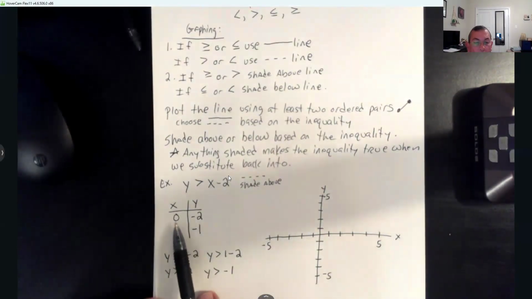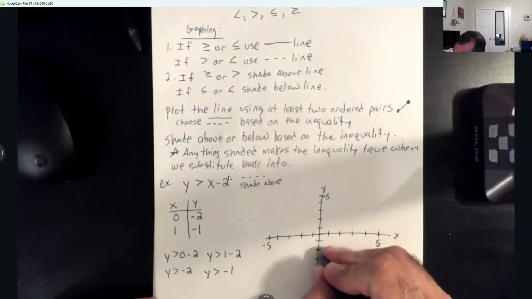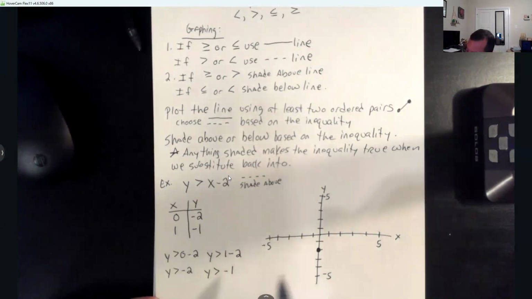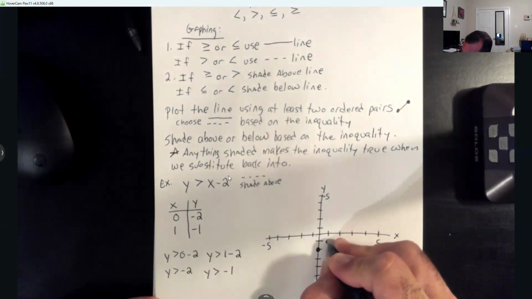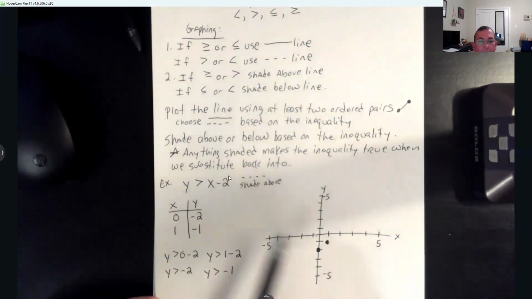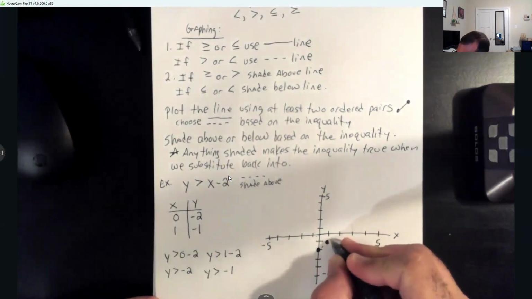So I'm going to plot my 2 points. I got 0, -2. So 0 on the x's is in the center and go down 2 on the y. So that would be my 0, -2. Then my second point would be 1, -1. So I would go right 1 on the x's and down 1 on the y. So I got my 2 points plotted. I now need to draw a dotted line through these points.